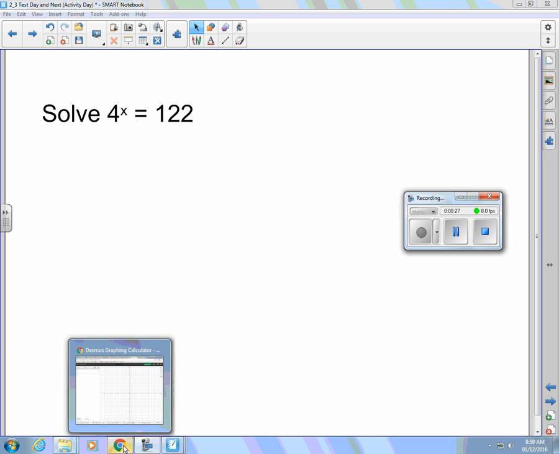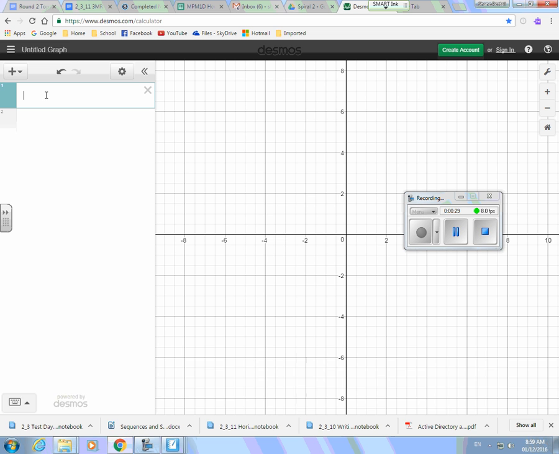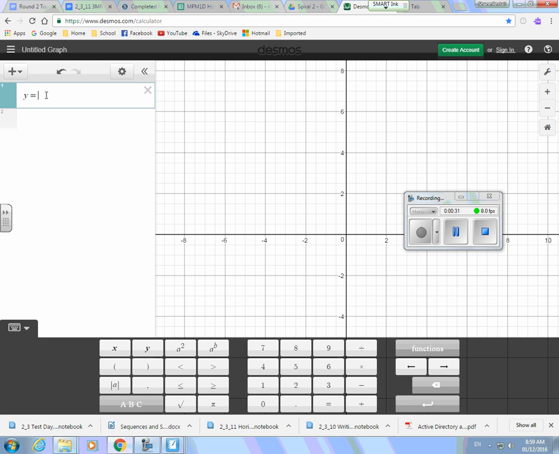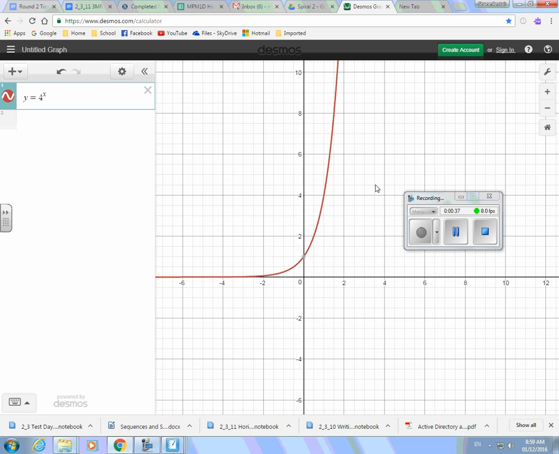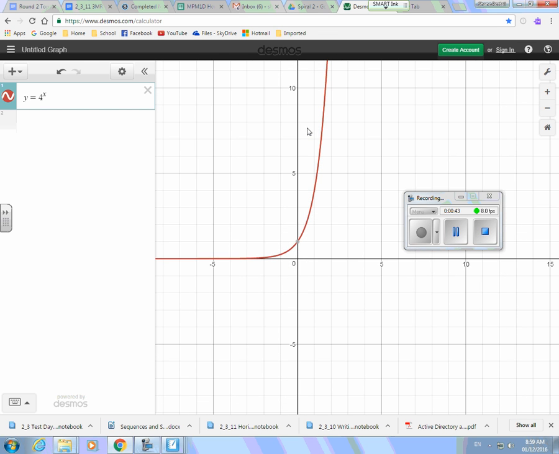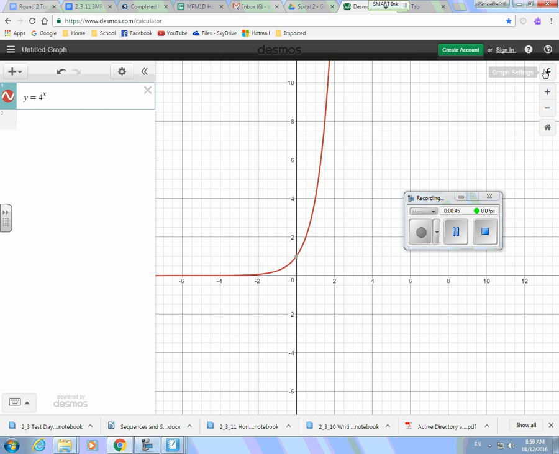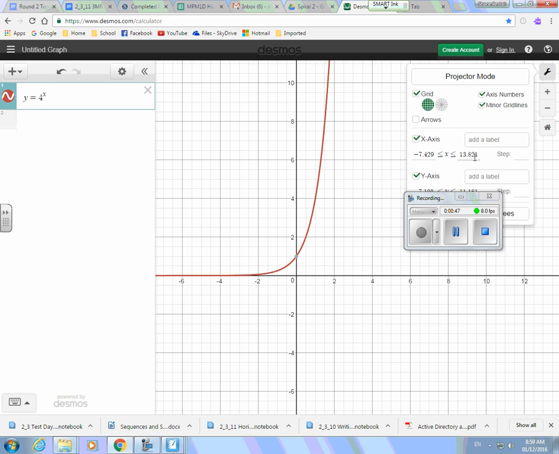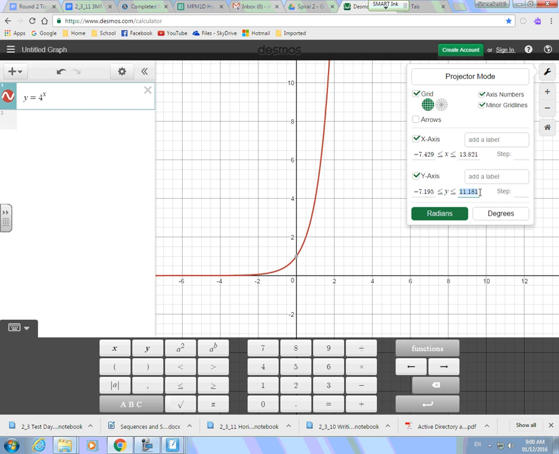Here's the first technique. First of all, we could graph y equals 4 to the exponent x, and there it is. And then look for when the output is 122. So notice that I'd have to zoom out, or even better, change the scale so I can actually get up to a y value of 122.